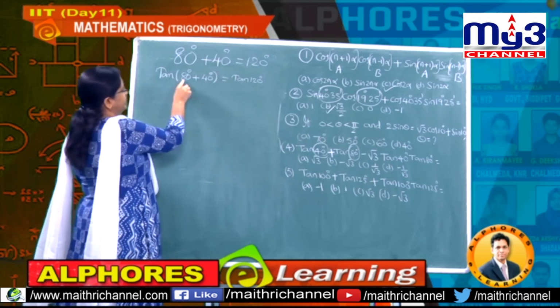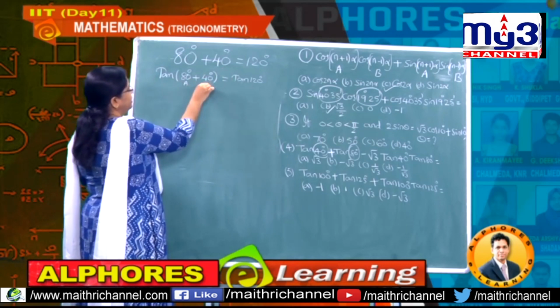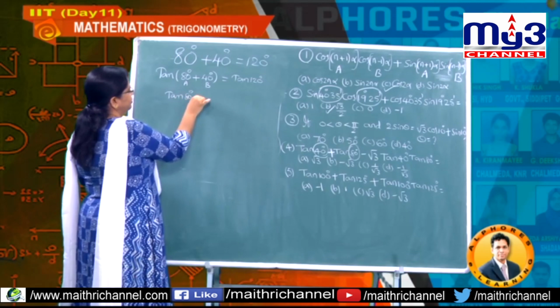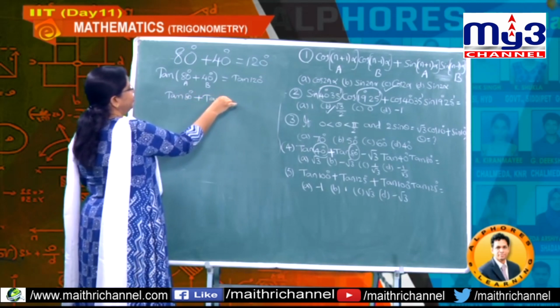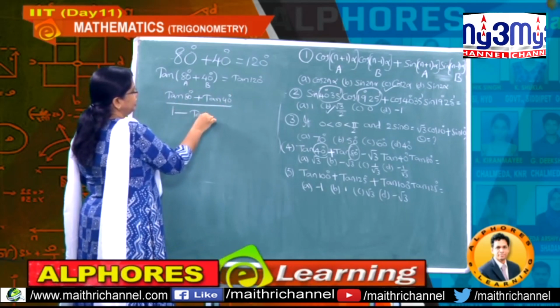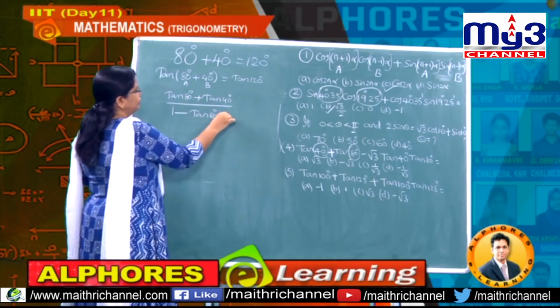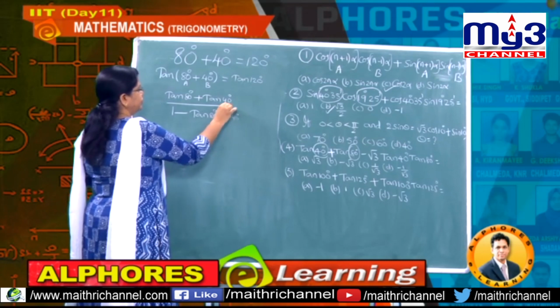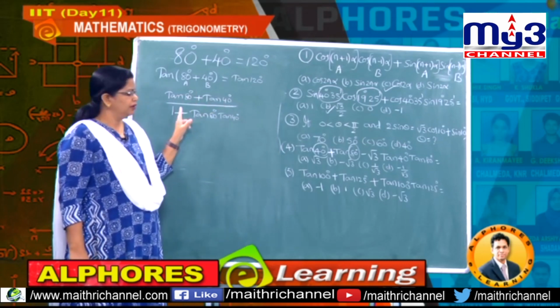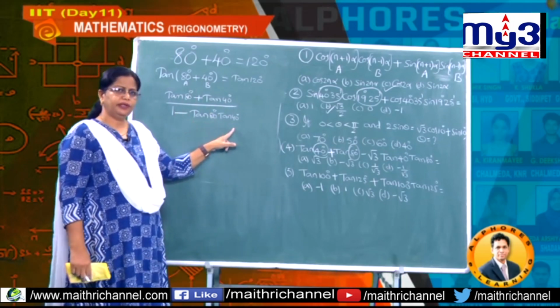Now what is this? Tan of A plus B, okay. Then tan A, tan 80 degrees plus tan 40 degrees, the formula I am writing, divided by 1 minus tan 80 degrees into tan 40 degrees. Got it, students? So tan A plus tan B by 1 minus tan A into tan B.